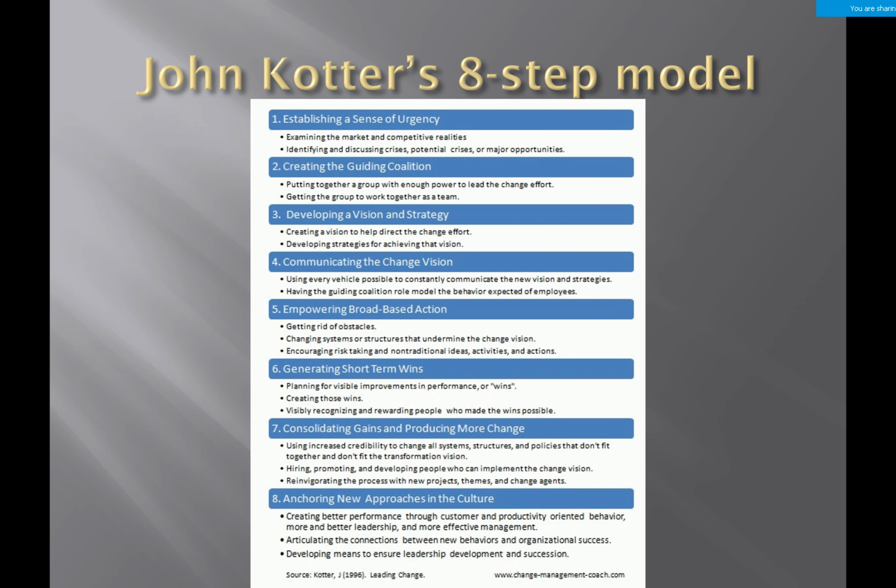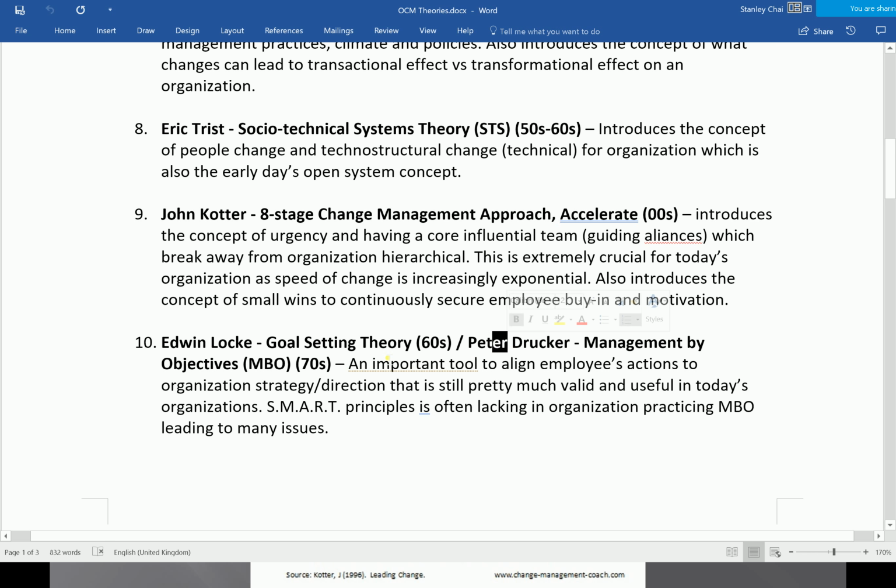Then the next one is Edwin Locke and Peter Drucker's goal setting theory. These two theories are very important, and they are still very valid today in the real world. Some organizations practice MBO. I think Shaktin, I heard from you, and also Naveen, you practice this MBO in your organization.